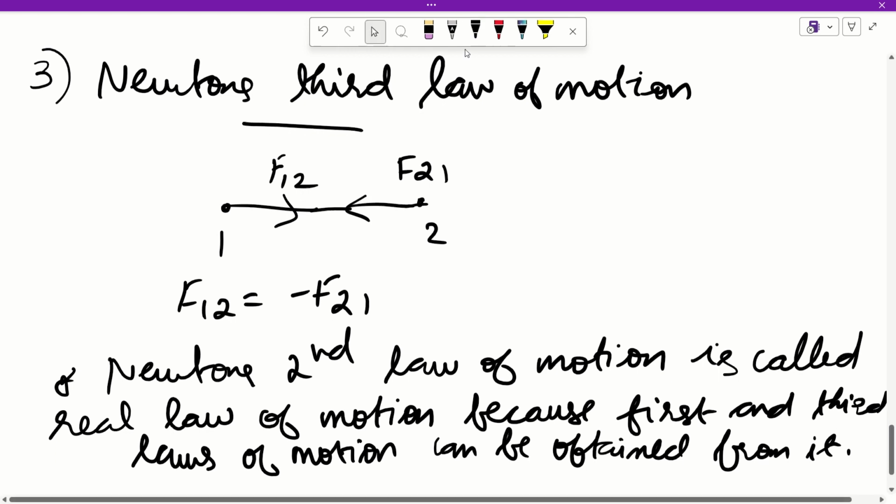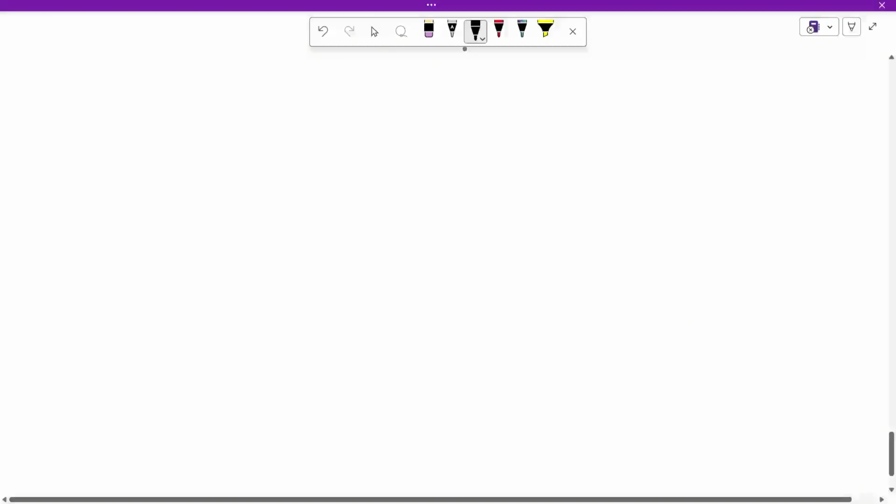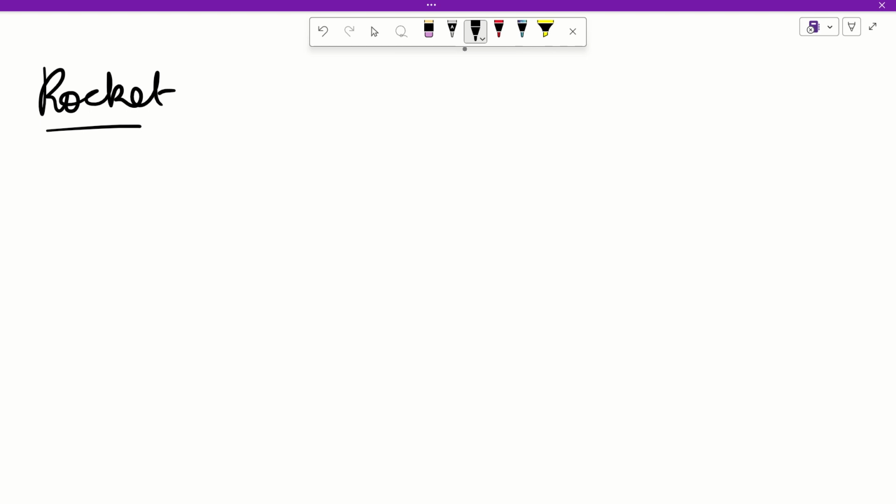The next one we are going to learn is rocket. A rocket is an example of variable mass following the law of conservation of momentum.